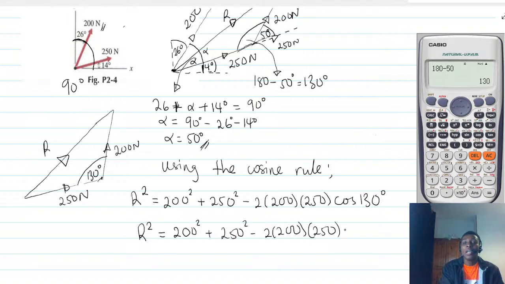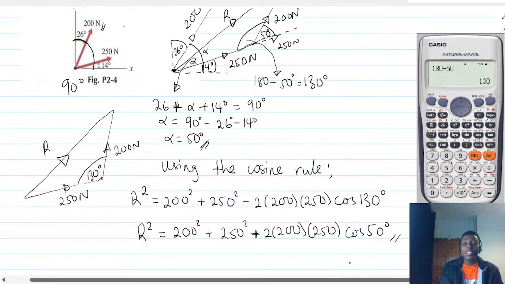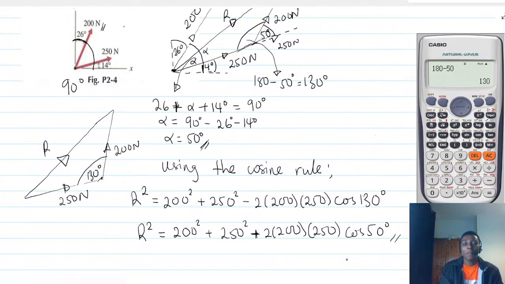But this time around, here is going to be plus, and then you can use cosine 50 degrees. So these two equations are basically the same.